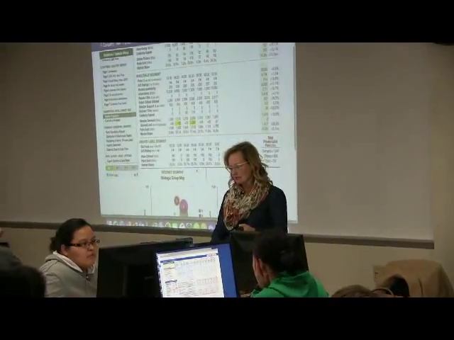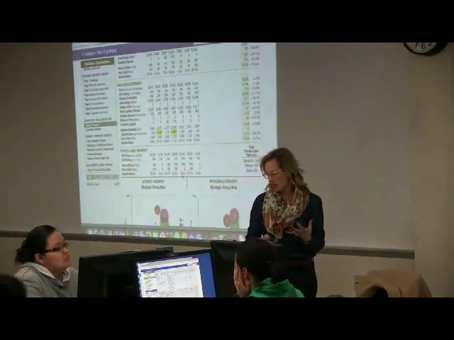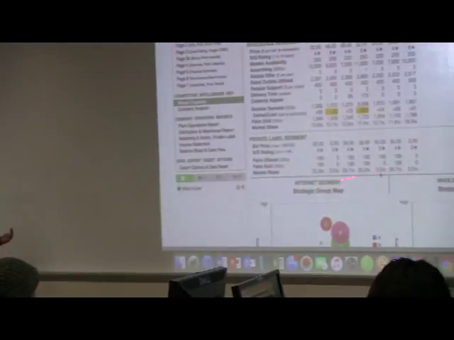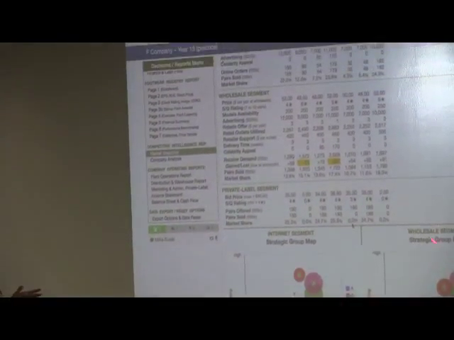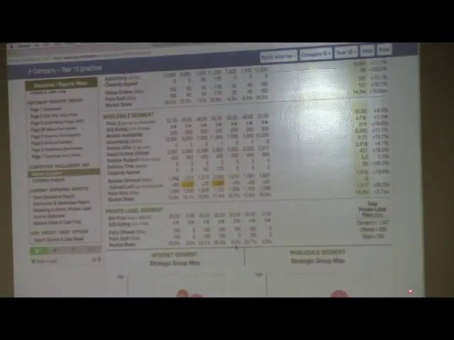So if you see down below, you'll be able to see what was offered in this market and what was accepted and the prices, and then you'll be able to see how much of this demand was satisfied.